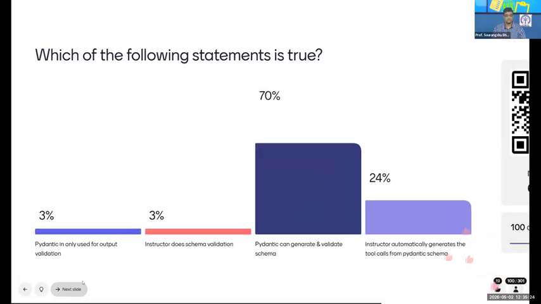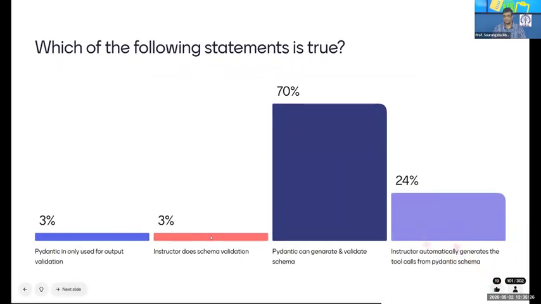Great, so you guys are understanding. Yes, both 3 and 4 are actually correct. The third option is pretty obvious: Pydantic can generate and validate the schema. And Instructor automatically generates the tool calls, as you can see, so this is also actually correct.